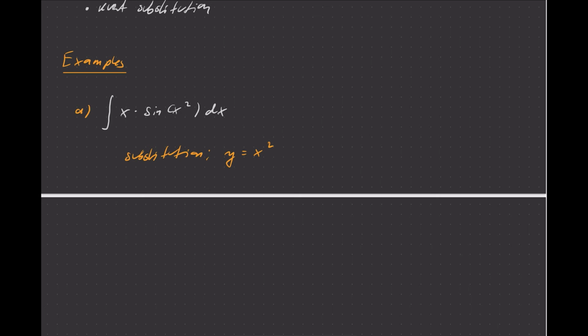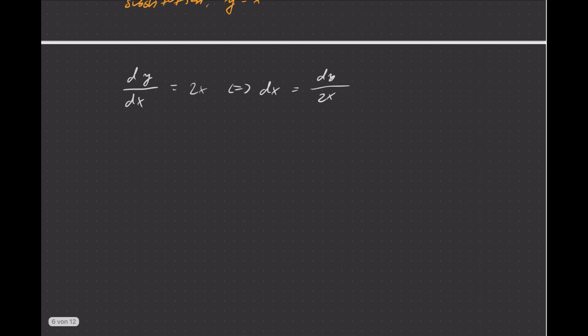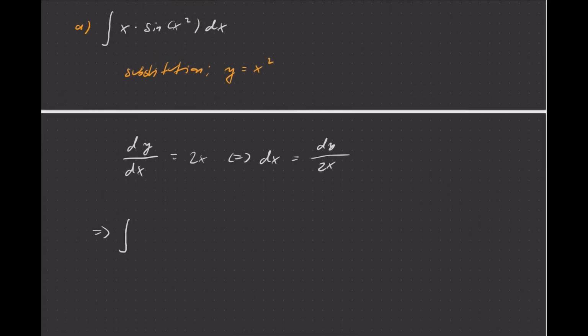Now, if we do this, as I said in our procedure, we first compute dy by dx. So we differentiate this expression with respect to x. And that yields 2x. And now we solve this equation here. We get dx equals dy over 2x. And now let's take that back to our original integral. Remember, we have this integral x times sine of x squared dx.